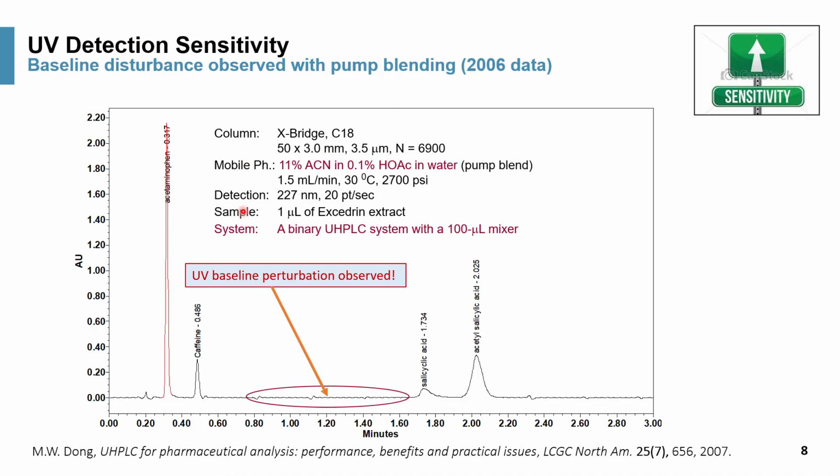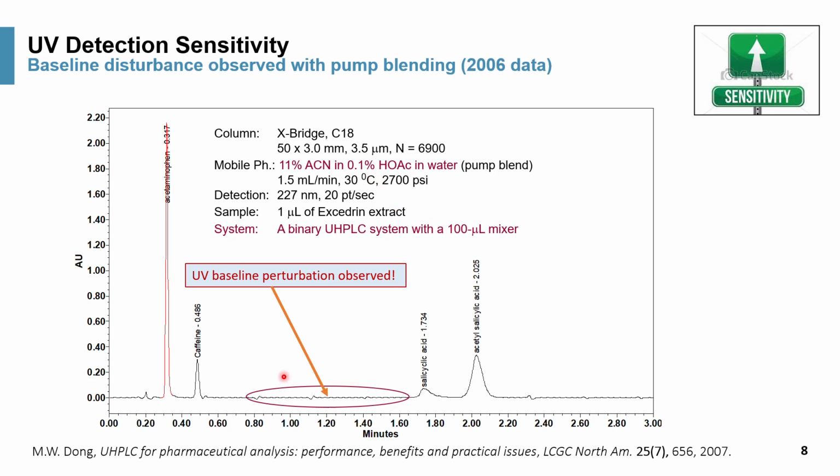This is an application of injection of an Excedrin drug product, showing 3 peaks of caffeine, acetaminophen, and aspirin, which is acetylsalicylic acid, with a degradation product, salicylic acid. We used a pump to blend the mobile phase, which is 11% acetonitrile and 0.1% acetic acid in water.